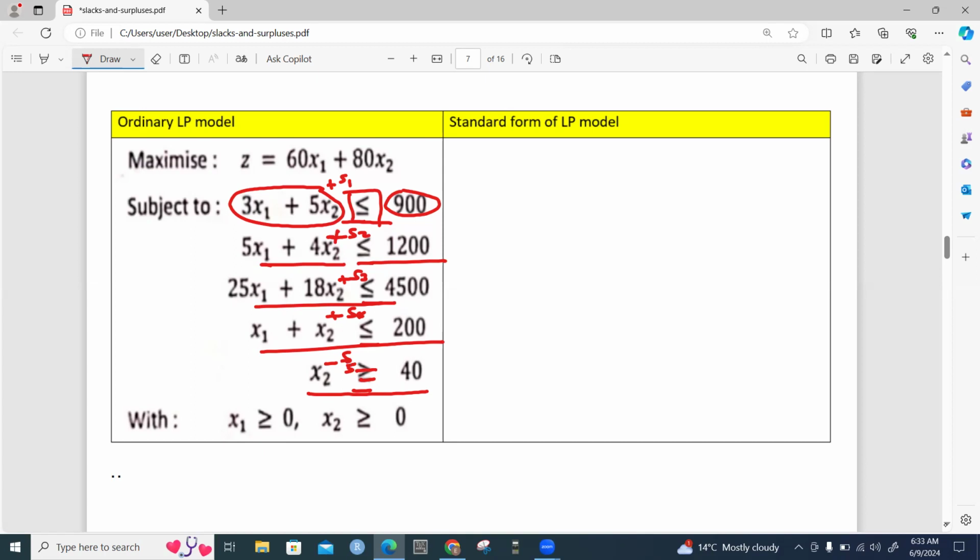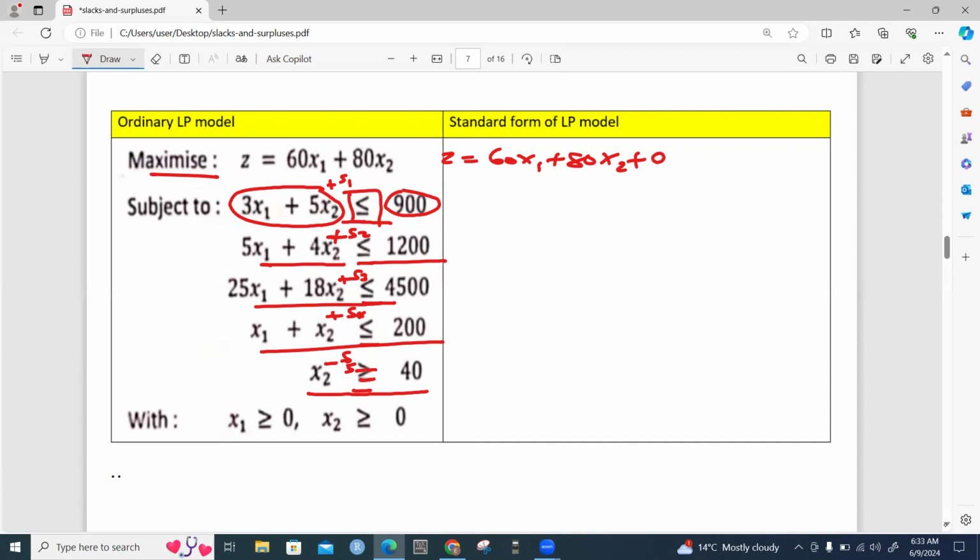What happens now to the objective function is that I must also integrate it in. It will still be maximization, Z equals, but now it will be equal to 60x1 plus 80x2. And all these other quantities are also variables that have been introduced, so they must also be captured in the objective function.